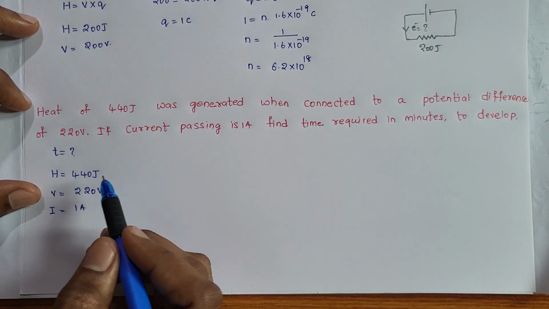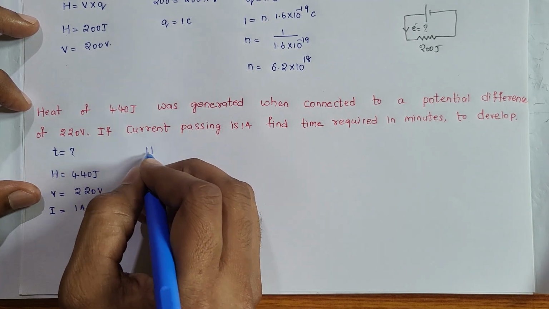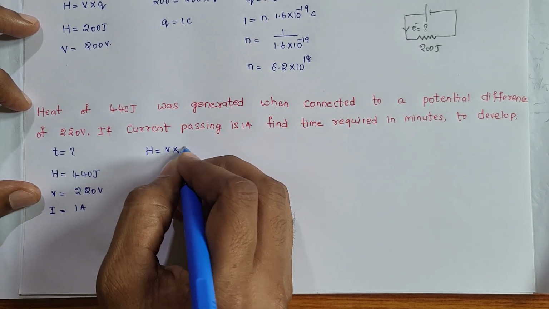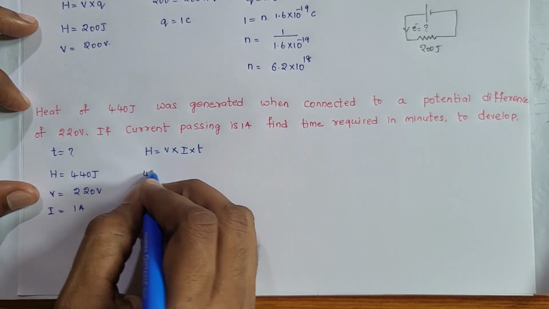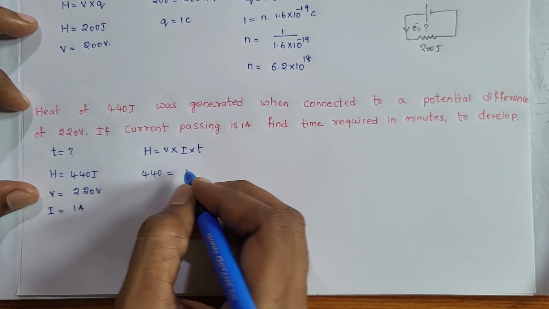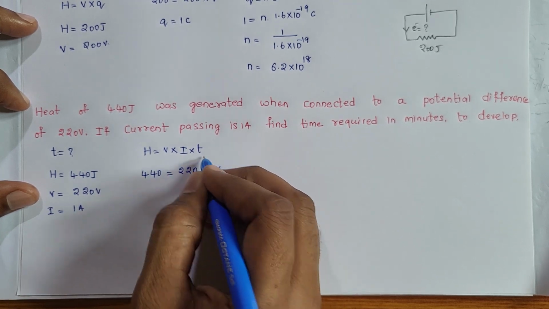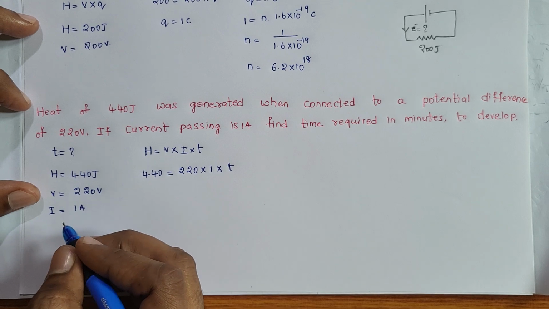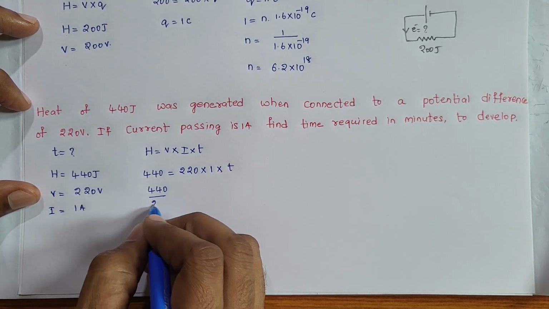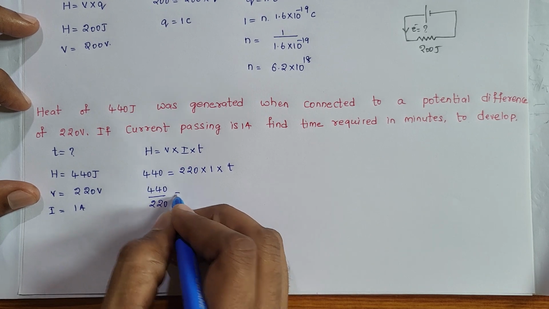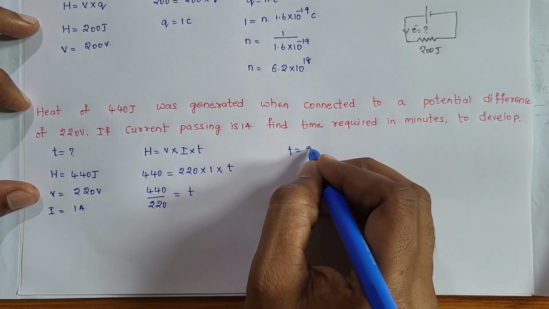Which formula can we use? H is equal to V into I into T. This formula we can use. How much heat got generated? 440 joules is equal to potential difference 220 volts into I is 1 ampere. T we have to find out. So it is going to be 440 divided by 220 is equal to T. Time T is going to be 2 seconds.